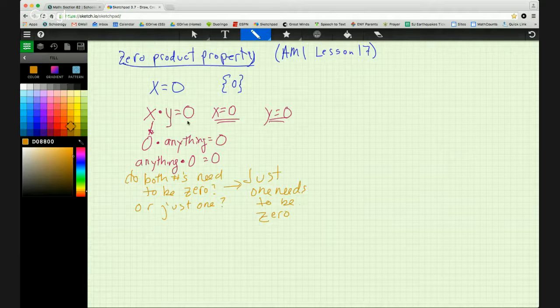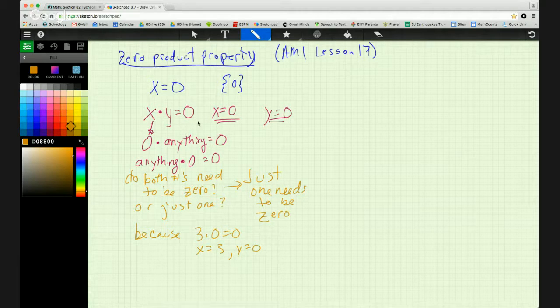Right? Because you could have a solution, because 3 times 0 equals 0. So in that case, y would be 0. You'd have x equals 3 and y equals 0, right? So both of them don't need to be 0. Just one of them needs to be 0.